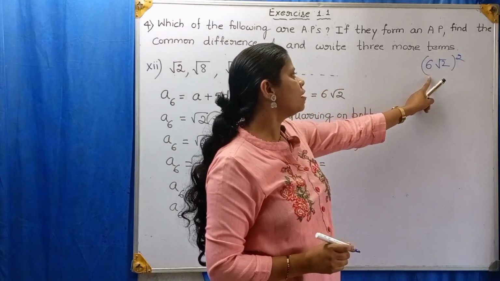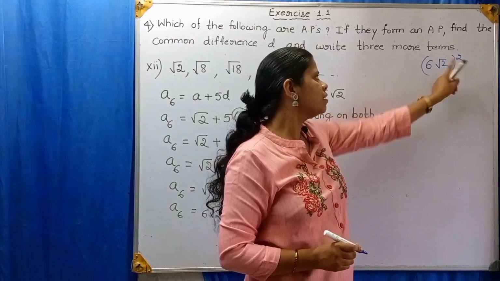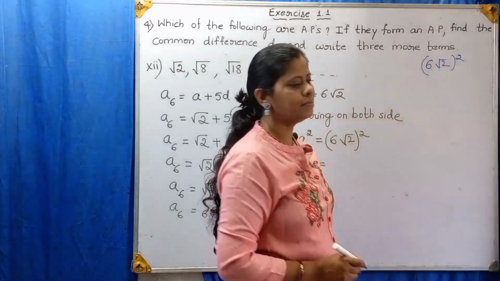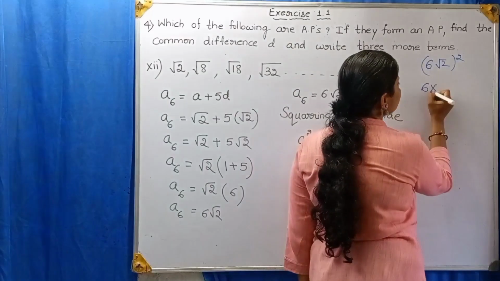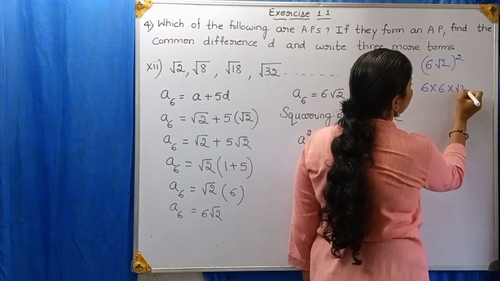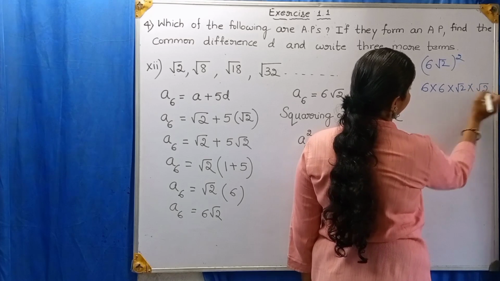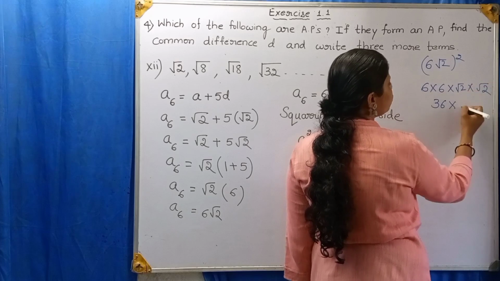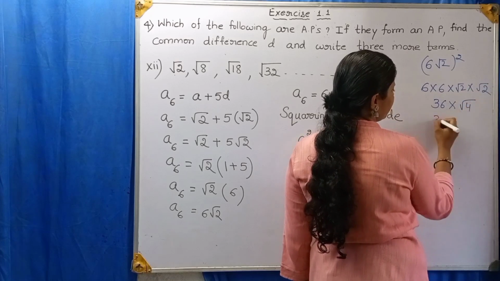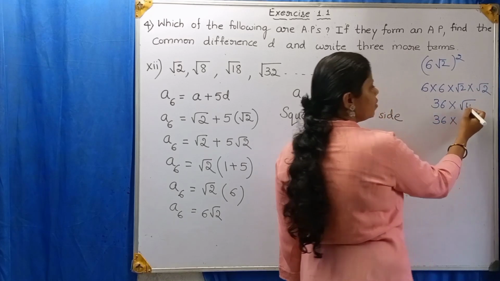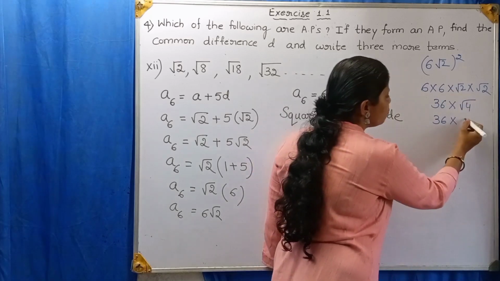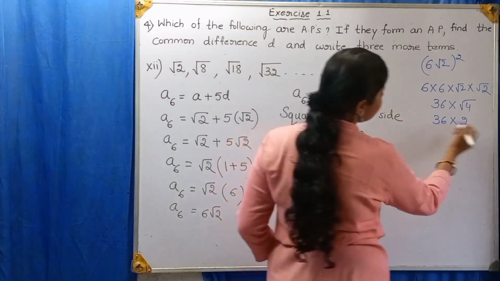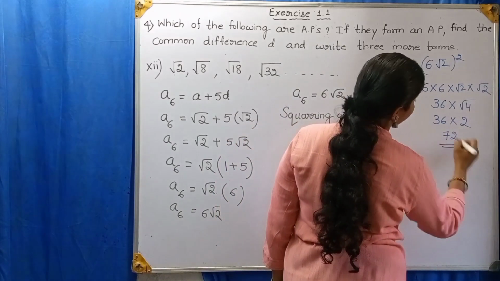See here, 6 into root 2 the whole square means 6 is present 2 times, root 2 is present 2 times, right? That is 6 into 6 into root 2 into root 2. 6 6s are 36 into root 2 into root 2 is what? Root 4. 36 into the square root of 4 is 2. Therefore, 36 into 2 is 72.